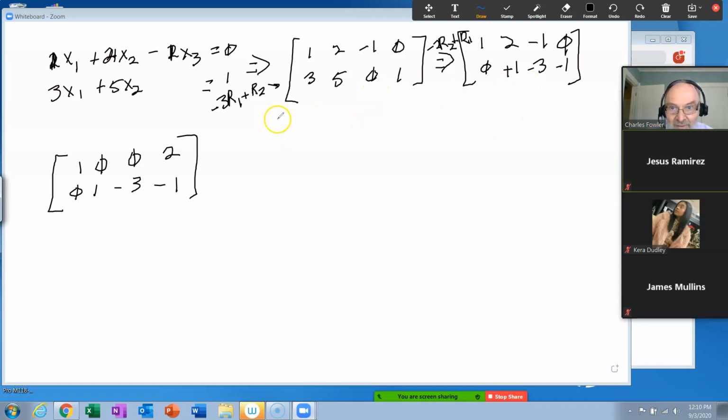I think it was in the next step. Minus 2 times row 2, add it to row 1. Minus 2 times 0 is 0 plus 1 is 1. Got it. Minus 2 times minus 3 is positive 6 plus 1.